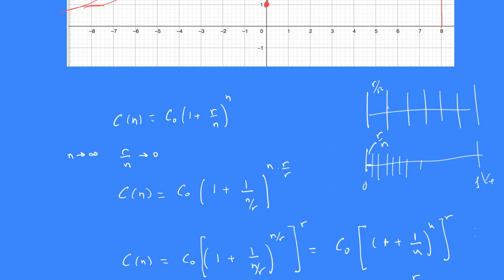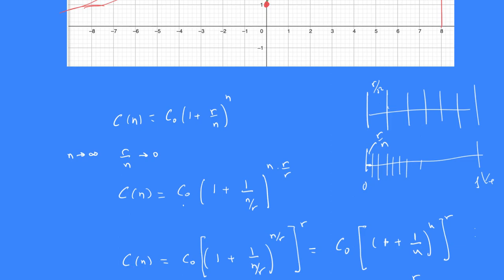So C sub n will be C sub 0 times 1 plus r divided by n, which is the same thing as 1 plus 1 divided by n divided by r. And n is the same thing as n over 1. So I have made a manipulation of this expression to write it in a particular way that will allow me to see what the number e is.